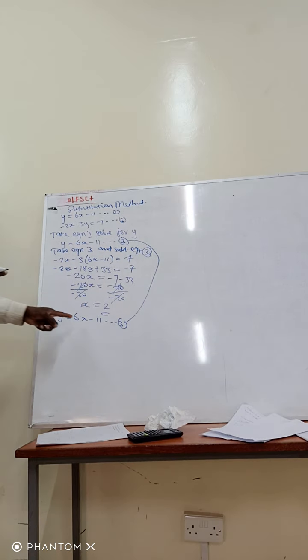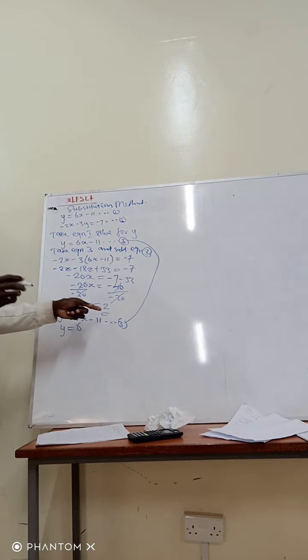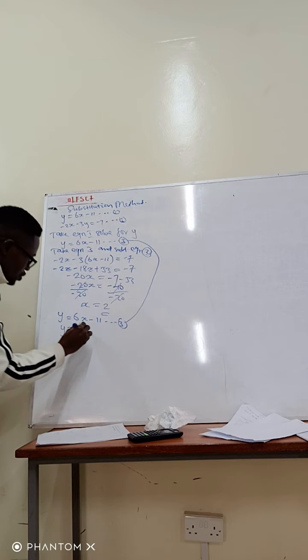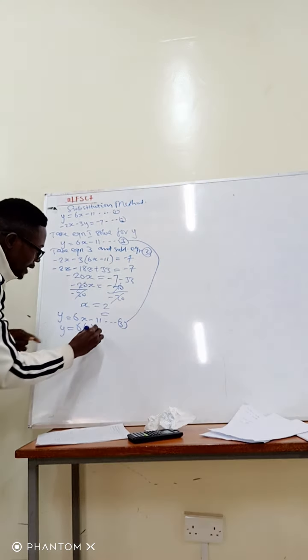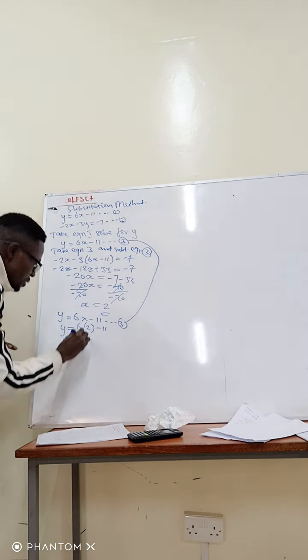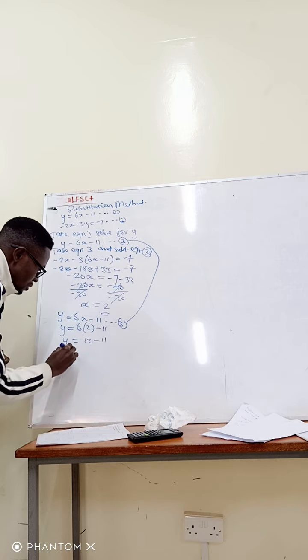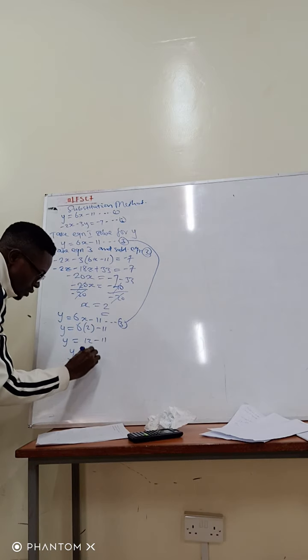But now we want to solve for y. So y is going to be equals to 6, what is x? x is 2. So you put 2 minus 11. So y is going to be 6 times 2 is 12, minus 11. So y is equals to 1.